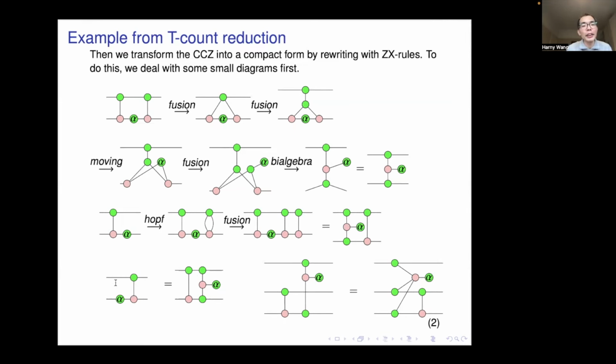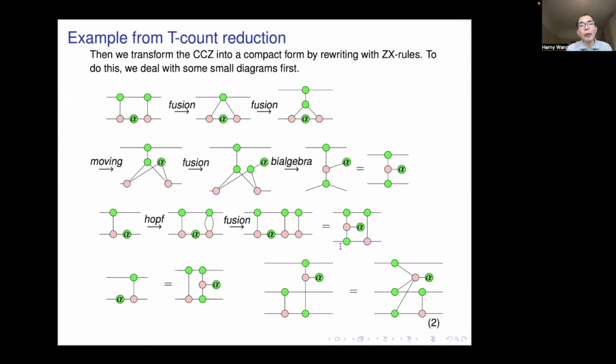Similarly, if the CNOT is on the right, you can also commute it to the left, but you will have this gadget as well. If you want to commute it with this gadget, you get a more complex gadget with the CNOT commuted to the right.